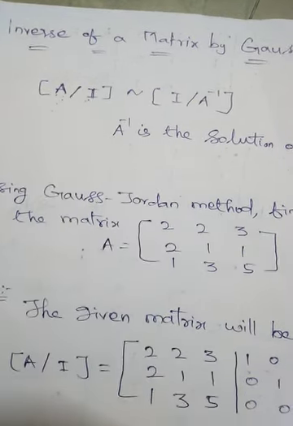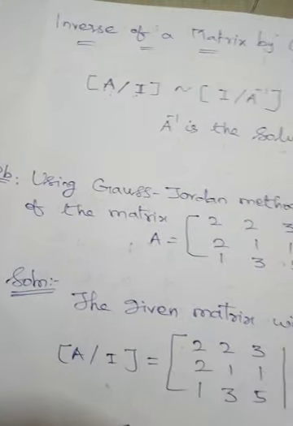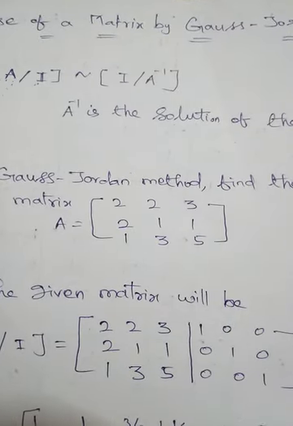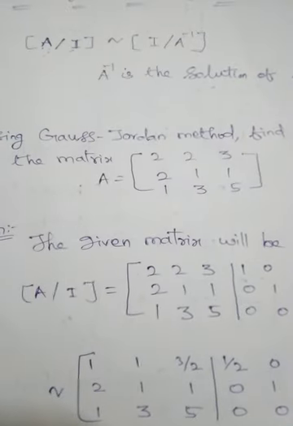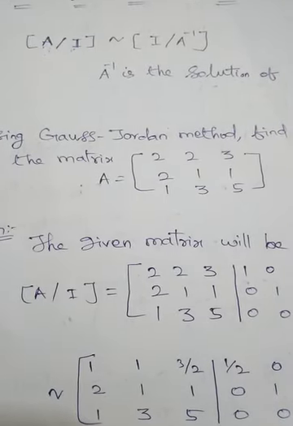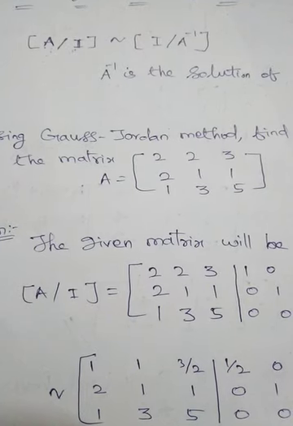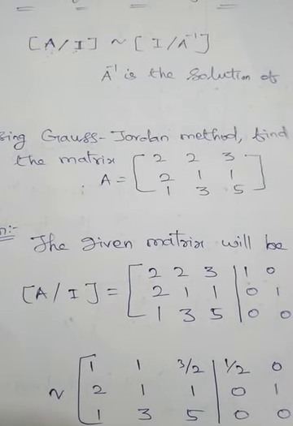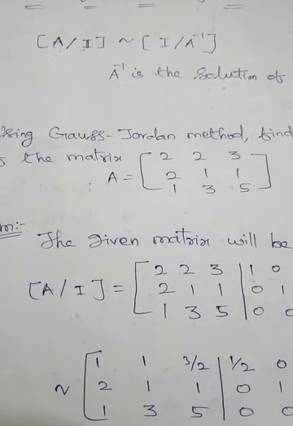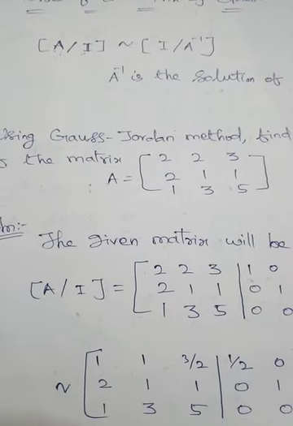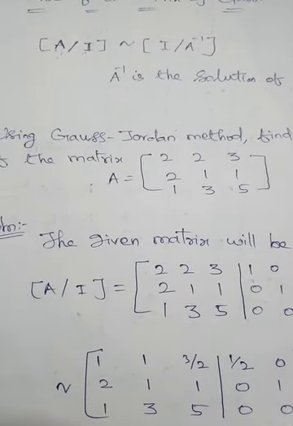So the first problem: using the Gauss-Jordan method, find the inverse of the matrix A. We are given 2 2 3 in the first row, 2 1 1 in the second row, 1 3 5 in the third row. See the matrix, it is non-symmetric.